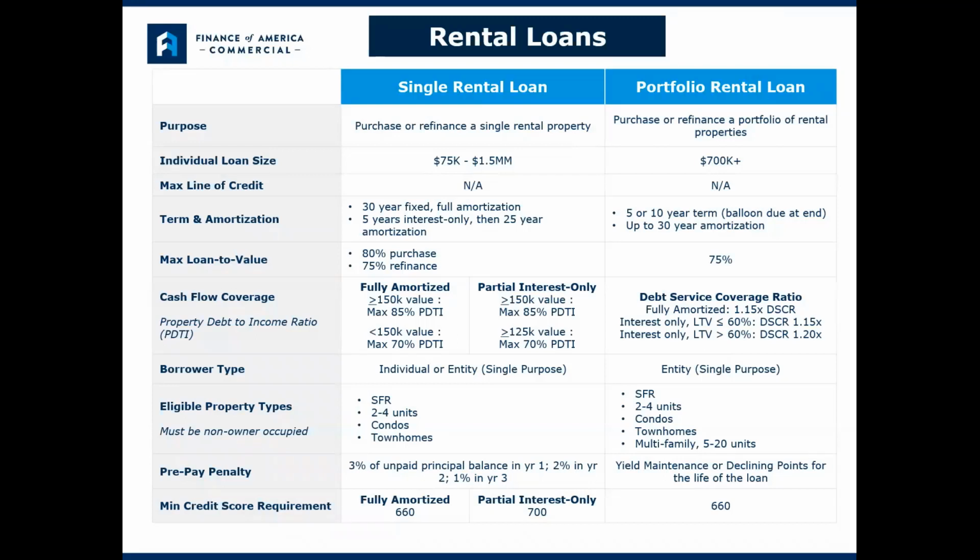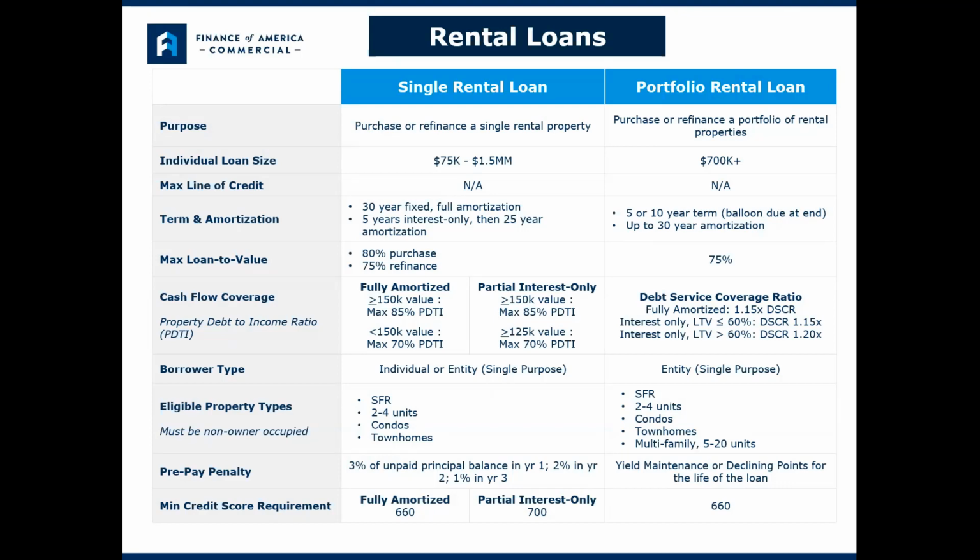We have a unique formula that we use. We don't call it the DTI, we call it the property DTI, which is simply comparing the rental income to the overhead of the property, the taxes, the insurance and your payment. If that will cover it up to 85%, then you've got a loan.